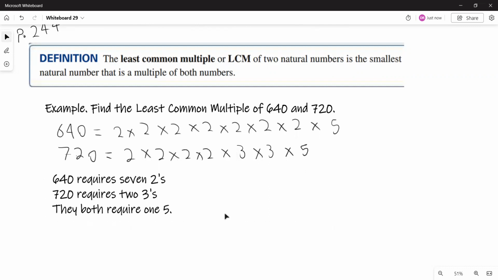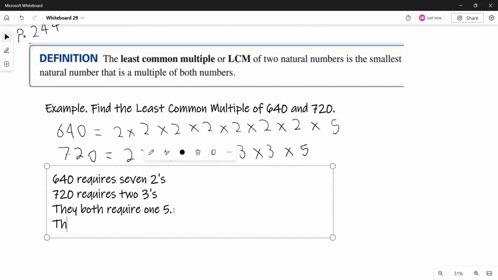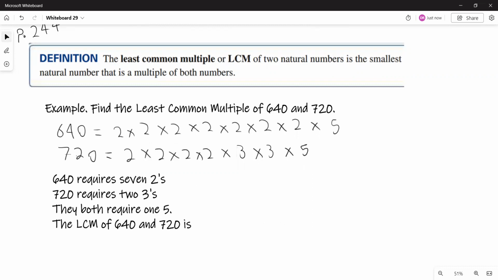So the least common multiple of 640 and 720 is going to be the product of the primes that appear in the prime factorization of both numbers. That is going to be a product of 7 twos.